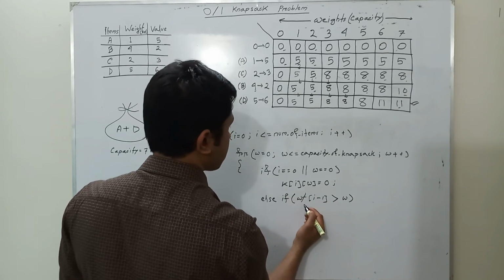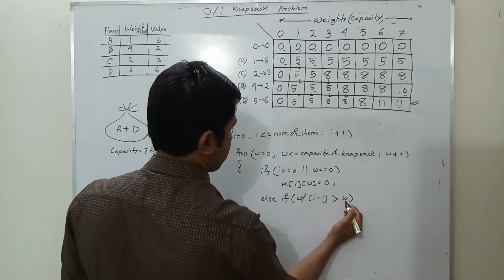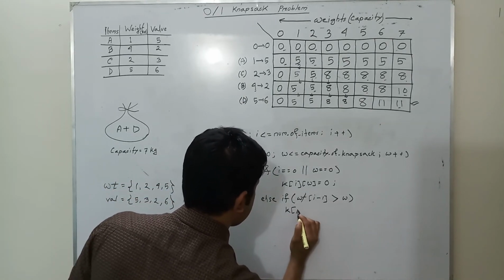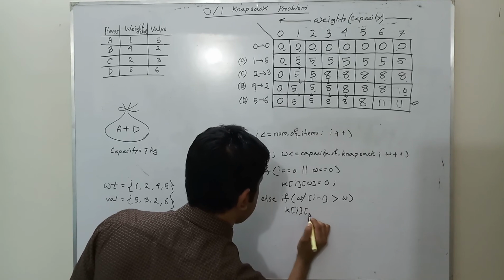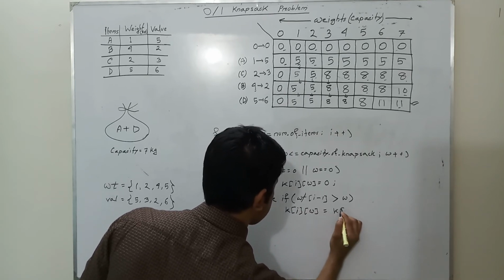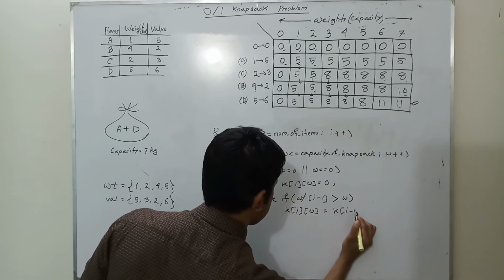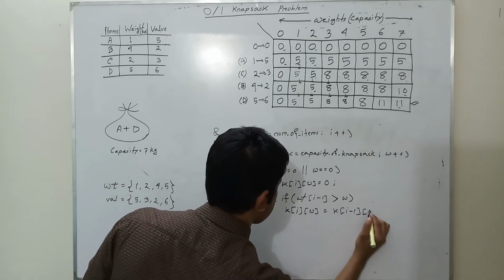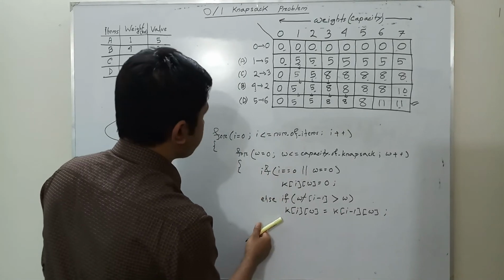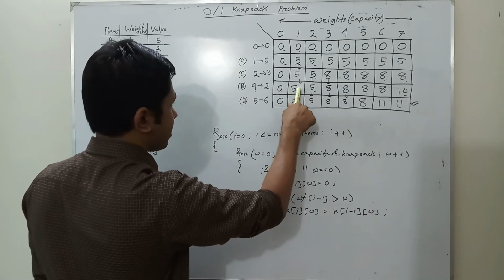If the weight of the items is greater than the capacity of the knapsack, then we will put the value of previous items. This condition represents like these fields.